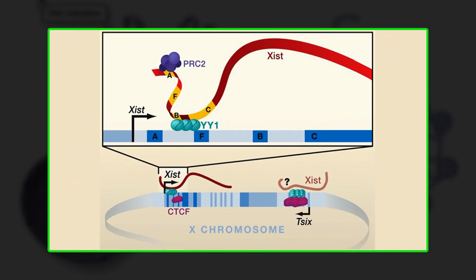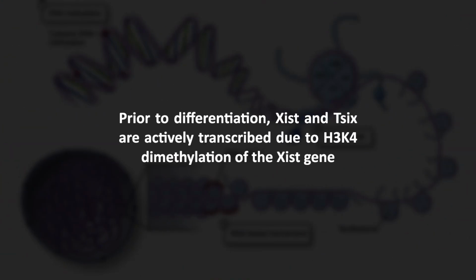This process involves two long non-coding RNAs, XIST and its antisense transcript TSIX, a negative regulator of XIST. Prior to differentiation, XIST and TSIX are actively transcribed due to H3K4 dimethylation of the XIST gene.